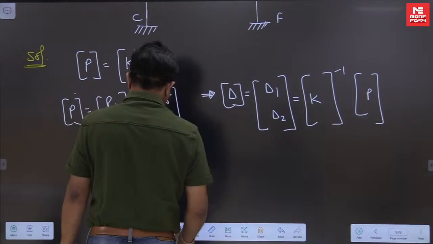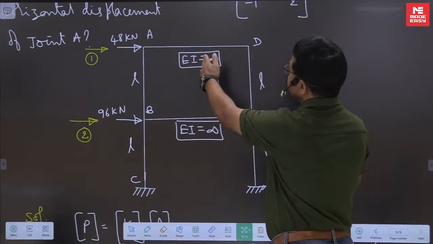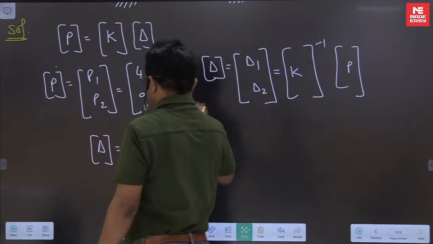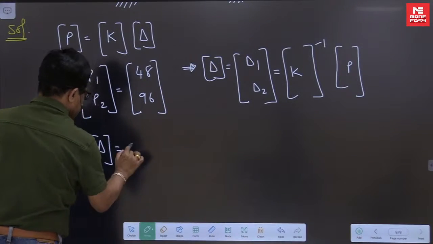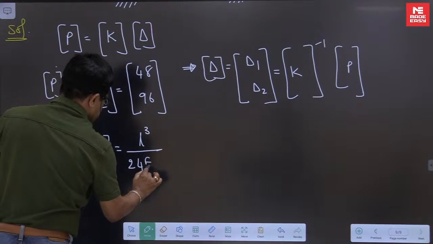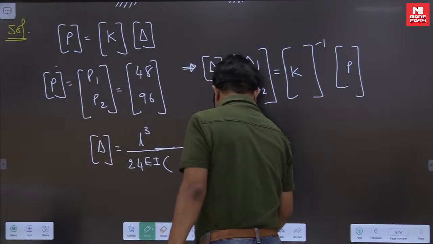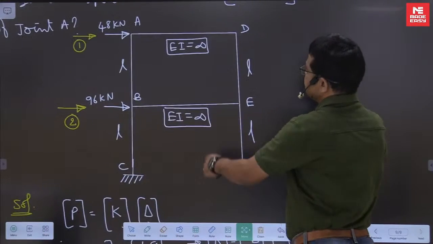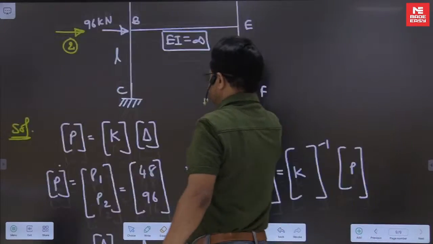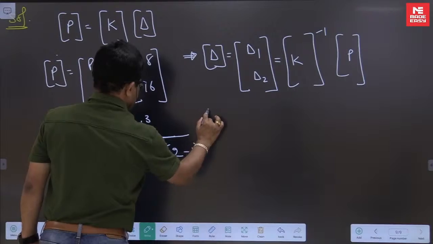K inverse means, inverse of a matrix we know how to find. So L cube by 24 EI, and the determinant of that matrix, how much is that? 2 minus 1.